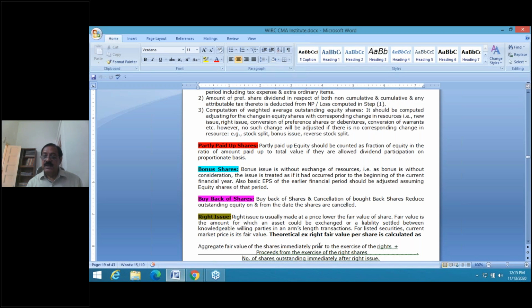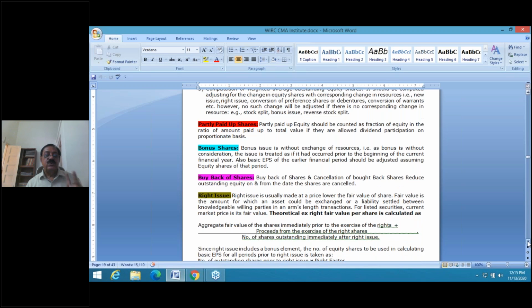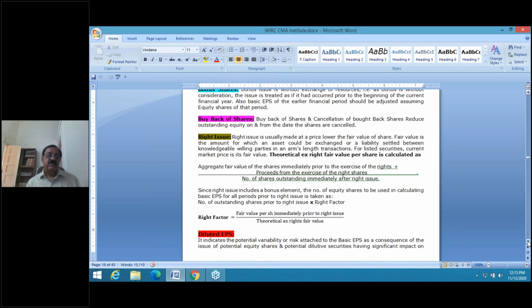Rights issue, I'm explaining with an illustration because in a rights issue, you'll have to do 2 steps. First, you have to find out the theoretical ex-rights fair value per share by using this formula. Secondly, you have to find out the rights factor for valuation weight. I said you have to give 2 weights, value weights and time weights. Time weights, obviously, from the rights share date of issue.